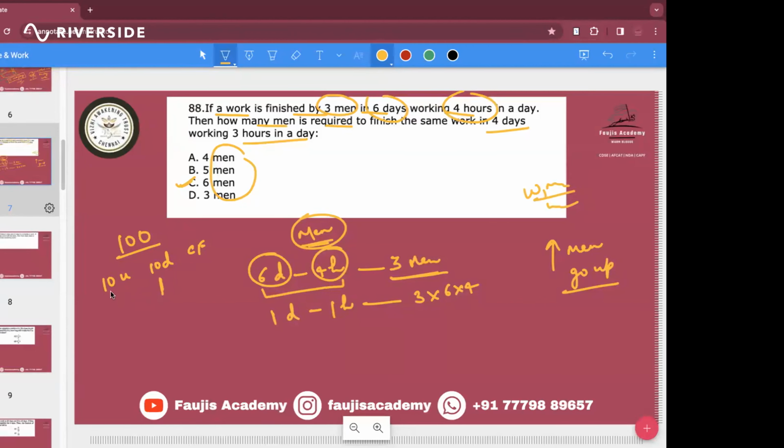So obviously the number of men, the number of persons, the resources will go up. So this 10, you cannot write it in the division. You will have to write it in the multiplication. Right, guys? So you will need 100 men to finish off your college fest in 1 day.